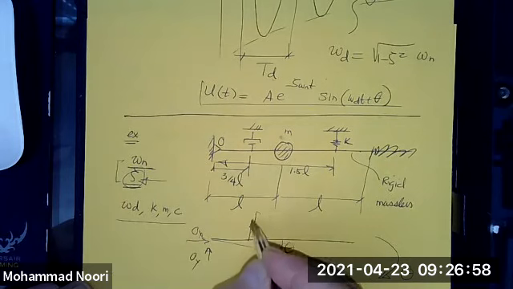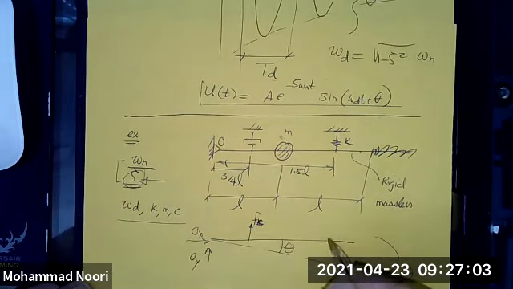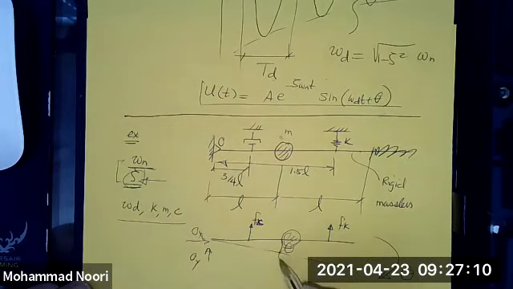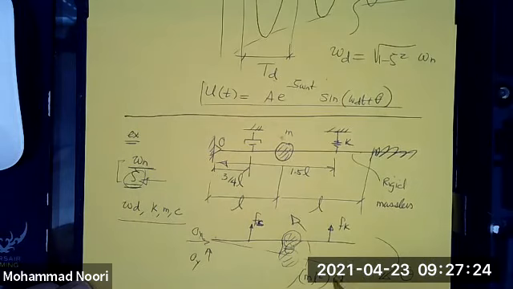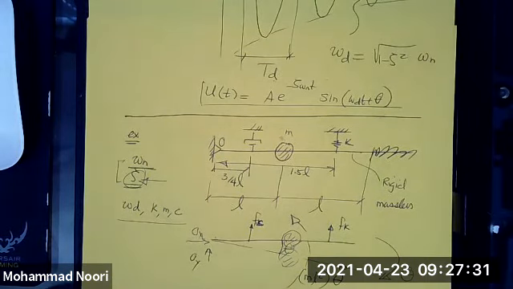You have a force due to the damper, F sub c. You have a force due to the spring, k. And then you have, of course, this mass here, so you also have the inertial force, and this is at a distance L. So the moment of inertia term is m L squared times theta double dot. Okay, so that's a free body diagram.